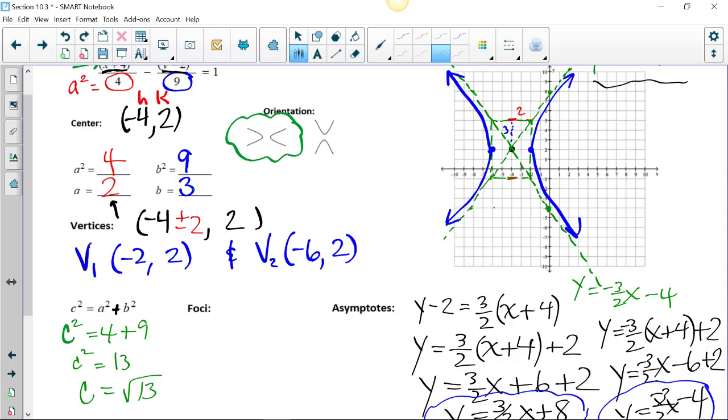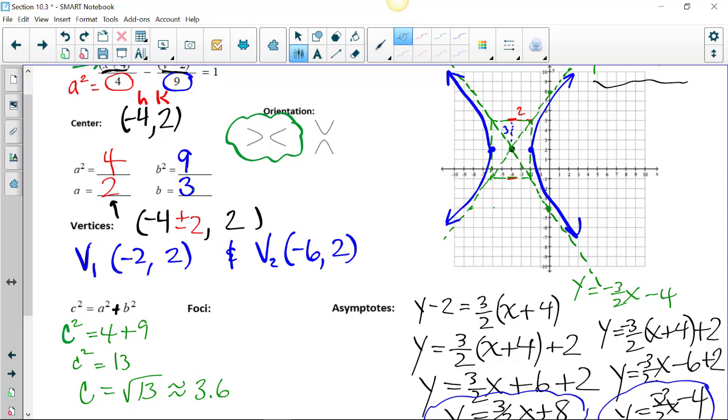The foci, remember, are located on the transverse axis, just like the vertices. They're farther out. I was going 2 units to get to each vertex from the center. Now I'm going square root of 13, which is approximately, I forgot, did I write it down? 3.6 maybe. That would be for checking.